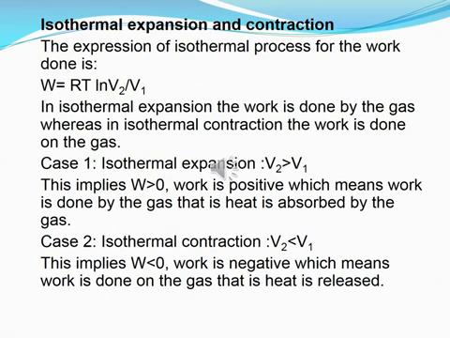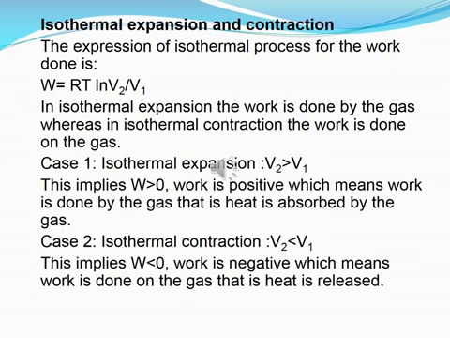Case 1. In isothermal expansion, final volume V2 is greater than initial volume V1. This implies W is greater than 0. Here, work done is positive, which means work is done by the gas, that is, heat energy is absorbed by the gas.